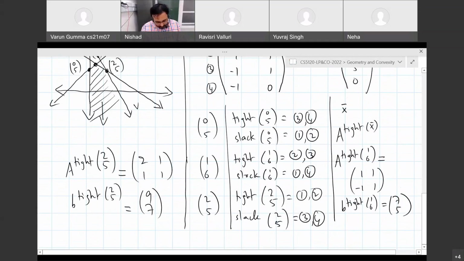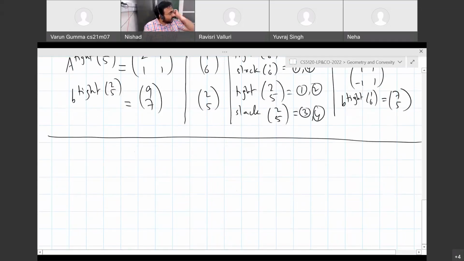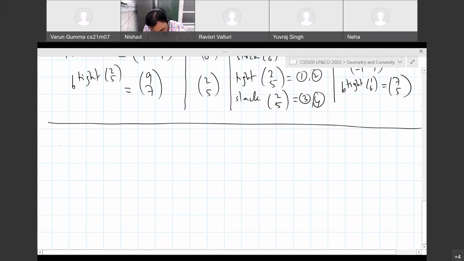So this is Theorem 2.20. Let's say P is our polytope, which is all the points x that satisfy Ax less than or equal to b.